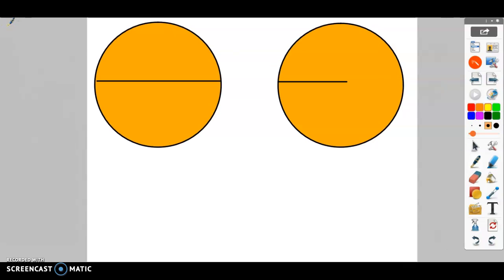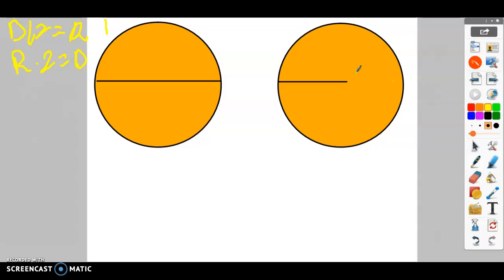So remember that to find the radius, we divide the diameter by 2. It's going to give us our radius. And then I'm going to find the diameter. We're going to multiply radius times 2, which equals our diameter.